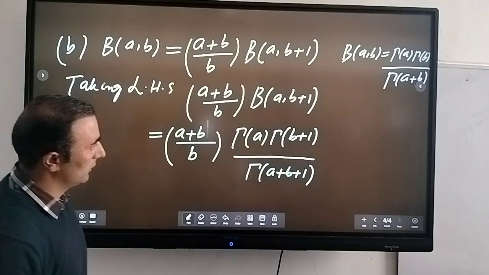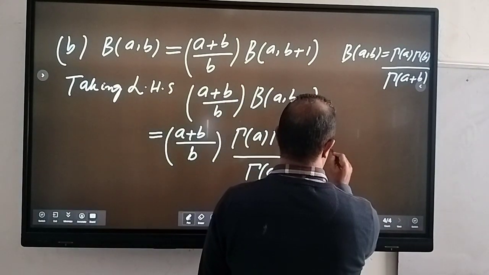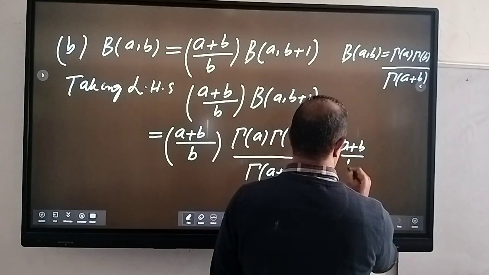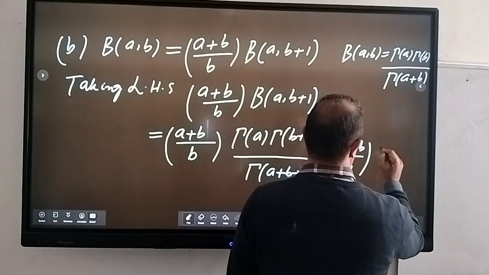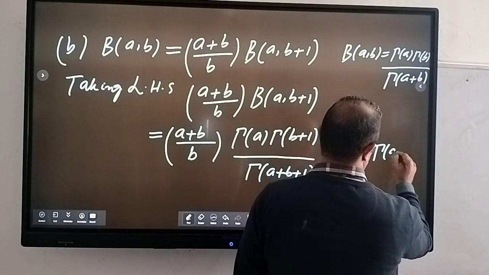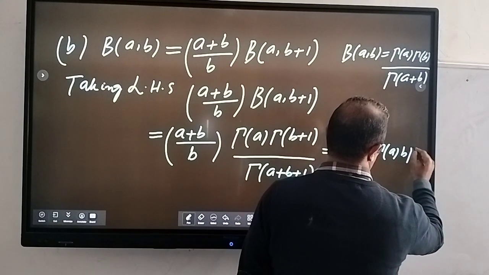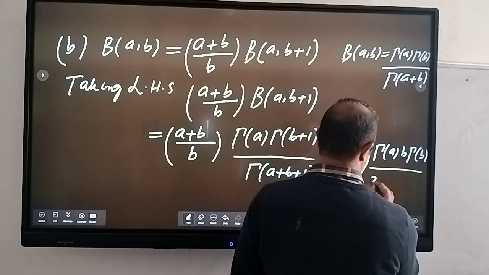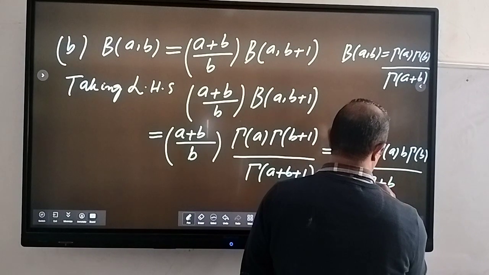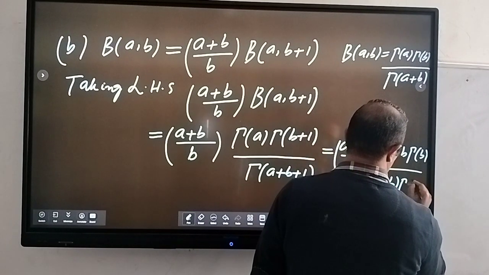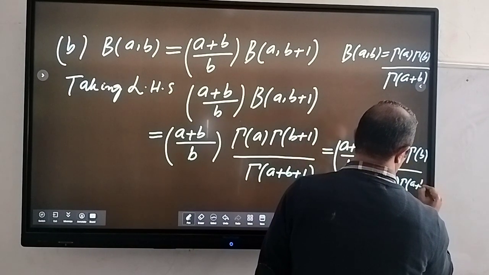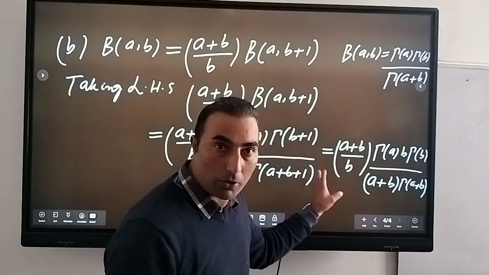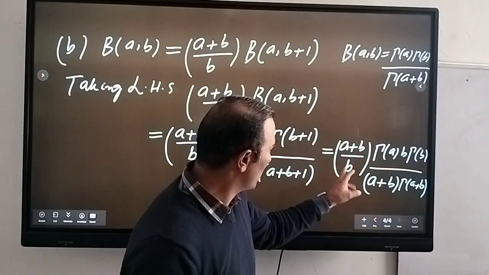So what did I do here? Again use the property that gamma of z plus 1 is z gamma z, right?